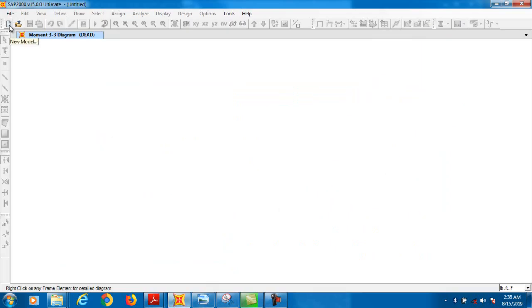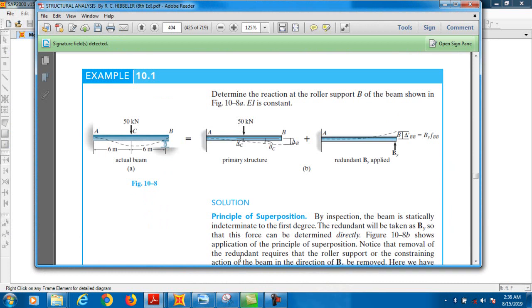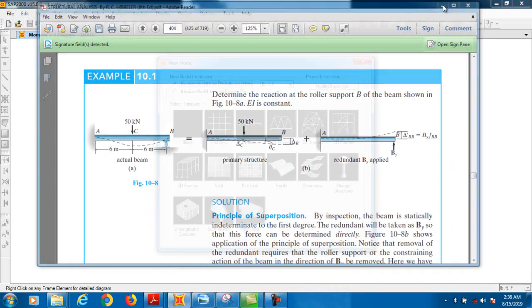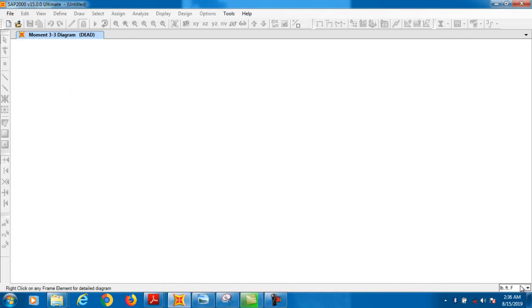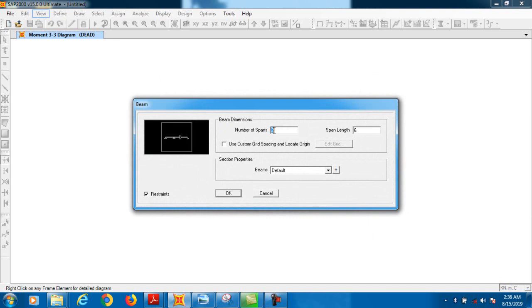This is a simple beam, so let's select the units, which are kilonewton meter. You must select the appropriate units. Select the new template, beam template. You have only one span, clear?